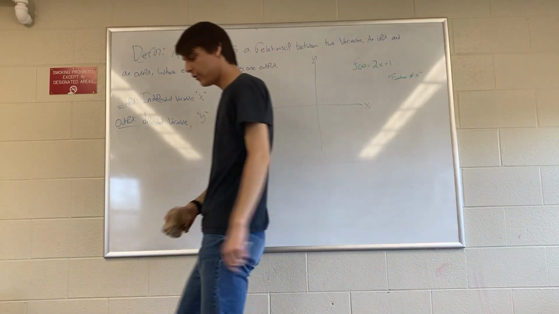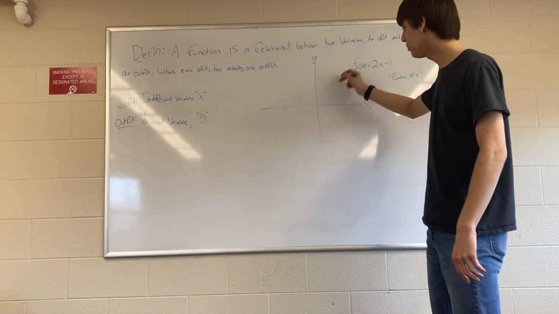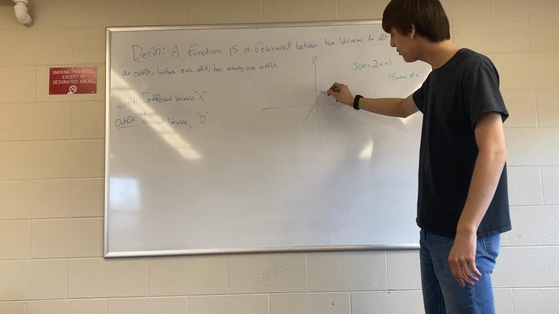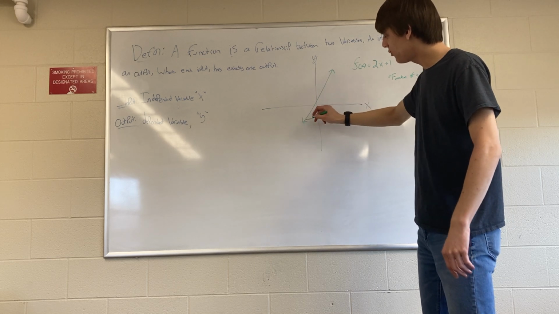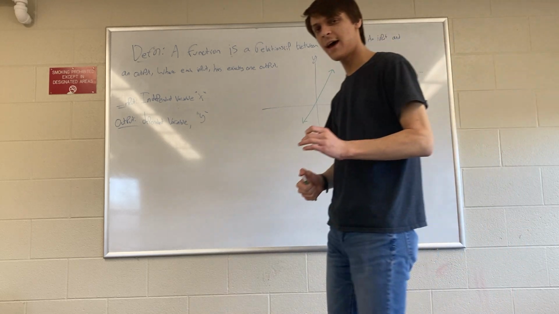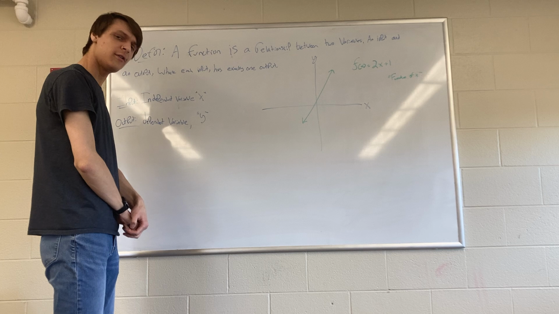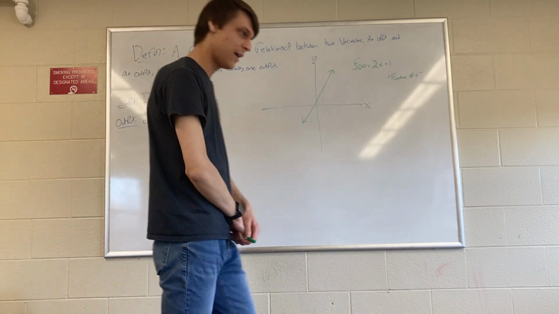So we have f of x equals 2x plus 1, and let's graph it. So 2x plus 1 will look something like that, and there's a graph. But how can we tell if this graph is a function? The way we do that is something called the vertical line test.